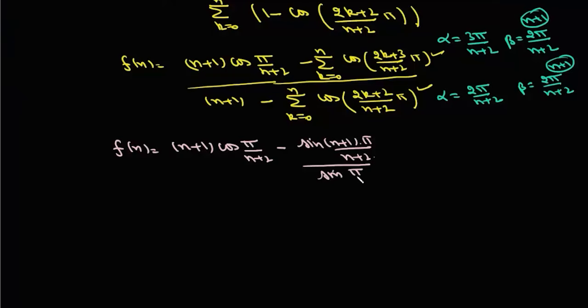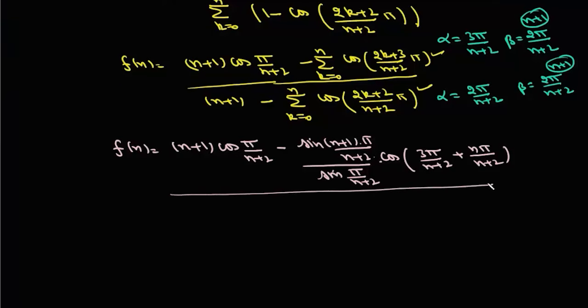So it will be sin(π upon n+2) into cos α, where α is 3π upon n+2 plus (n−1)β/2, which gives nπ upon n+2, divided by (n+1) minus sin((n+1)π upon n+2) upon sin(β/2).